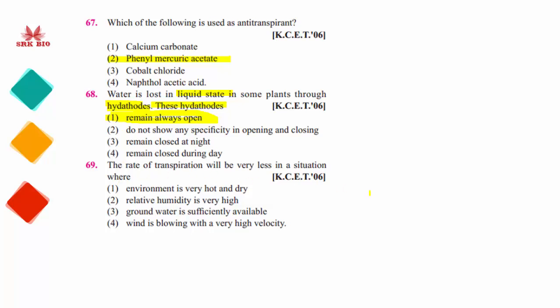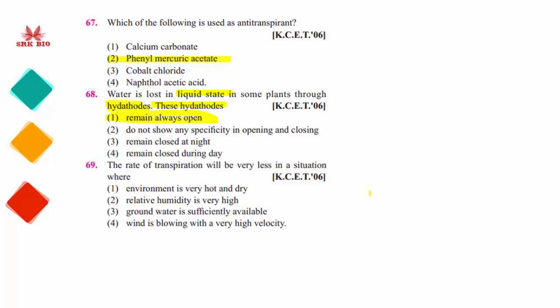The rate of transpiration will be very less in a situation where the environment is very hot and dry, relative humidity is very high, groundwater is sufficiently available, wind is blowing with a very high velocity. Interesting question. Rate of transpiration is affected by many factors.